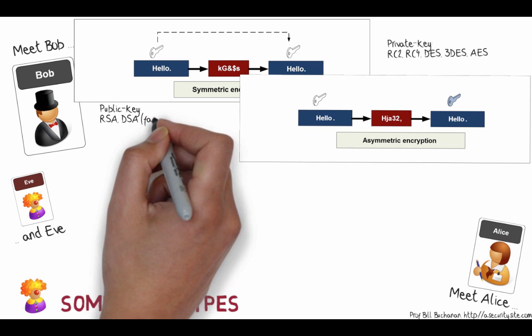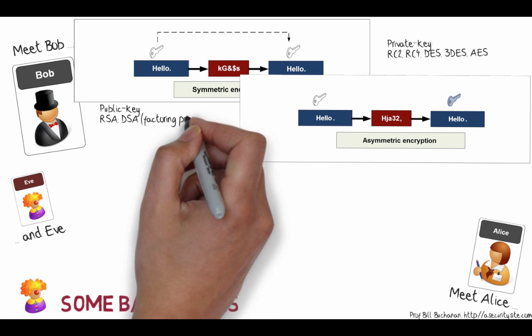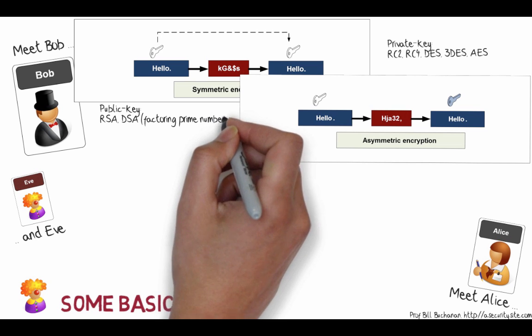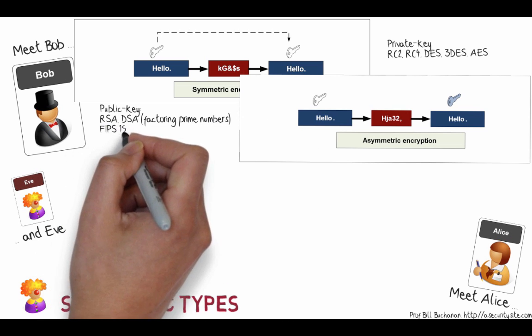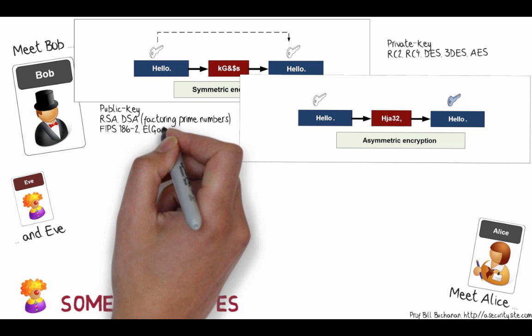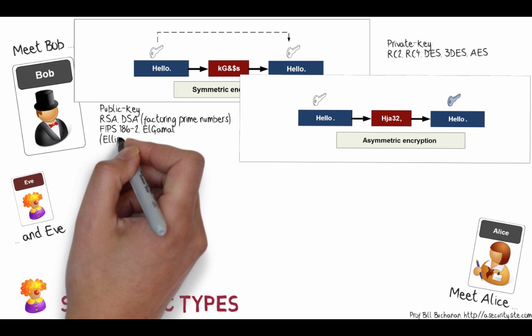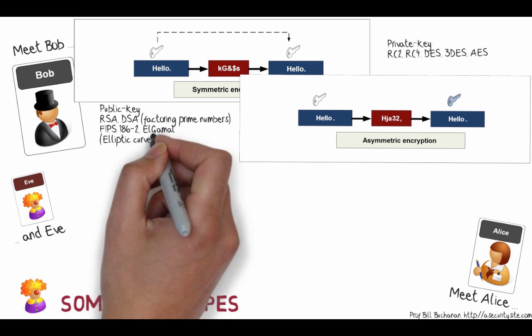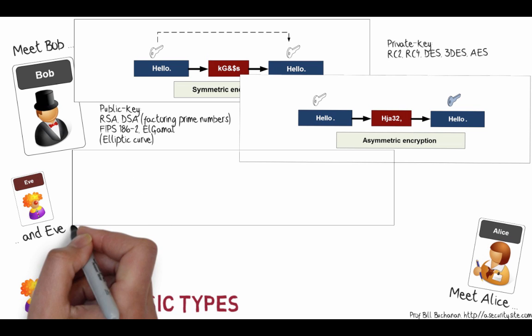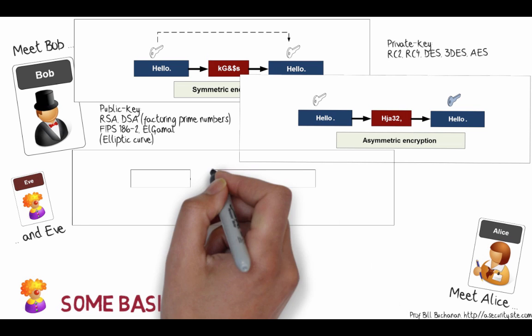Typical methods are RSA, DSA, and it normally involves factorizing prime numbers. ElGamal is another one that we get. There's also the elliptic curve method, and again we'll present that in another presentation.